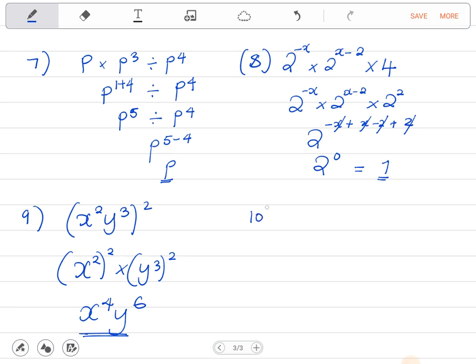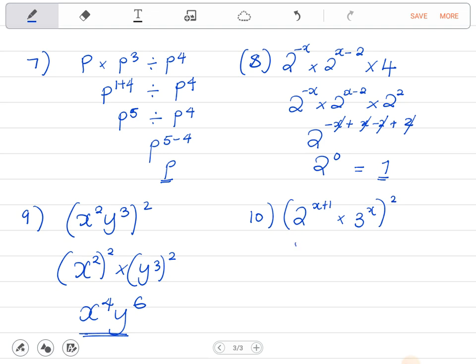10. Let's get something nice here. So for 10, I have this one for you. 2 to the power x plus 1 multiplied by 3 to the power x, and everything to the power 2. Because there's a multiplication sign, don't worry, just square everything that is inside.